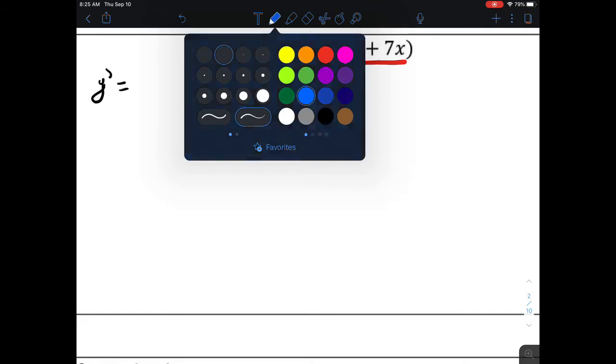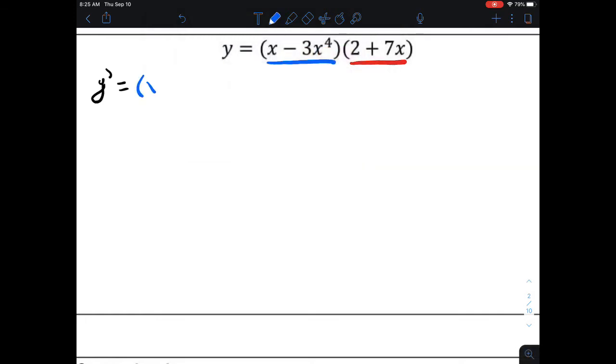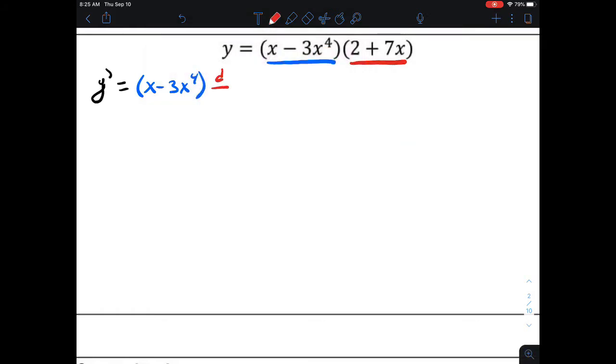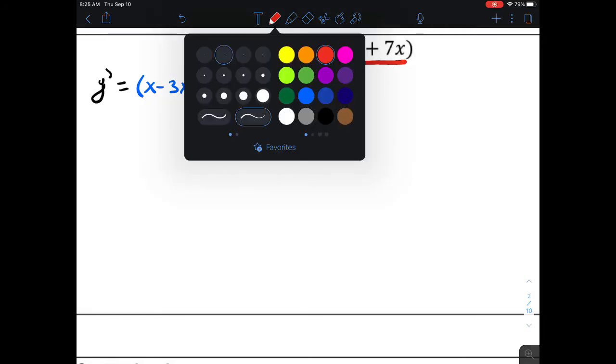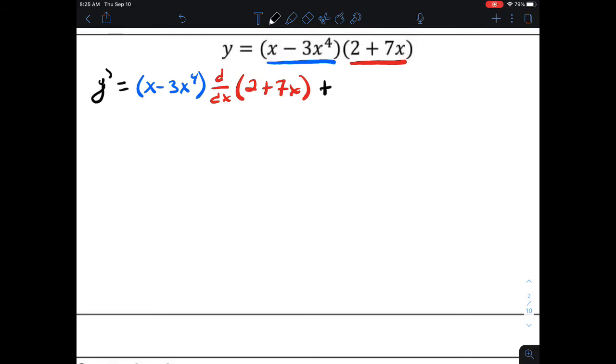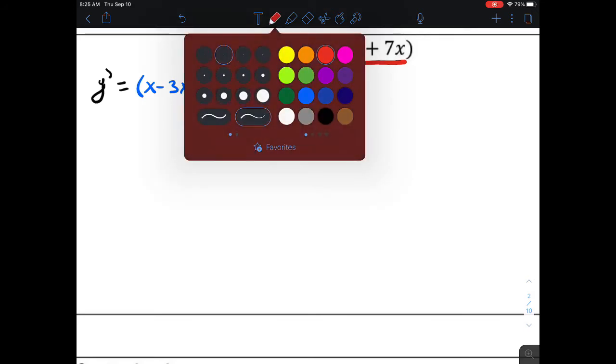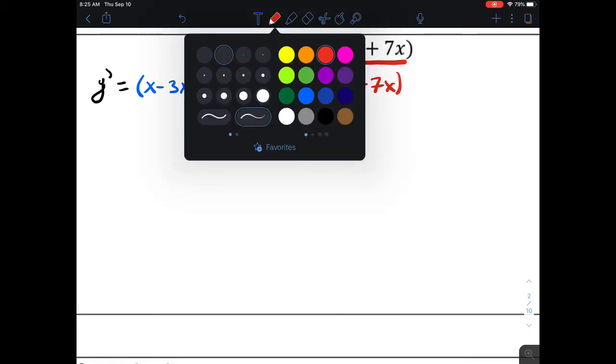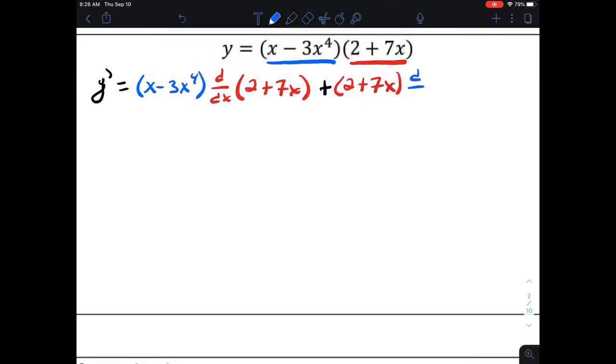It is going to be first, so my product rule, write the first part of the product, times the derivative of the second. So I'm writing d over dx of what I'm taking the derivative of, 2 plus 7x. So first times derivative of the second, plus second, so it'd be 2 plus 7x, times the derivative with respect to x of x minus 3 to the fourth power.